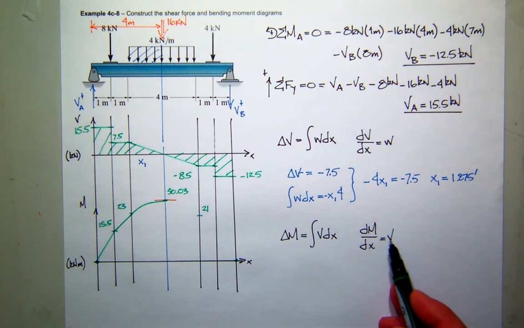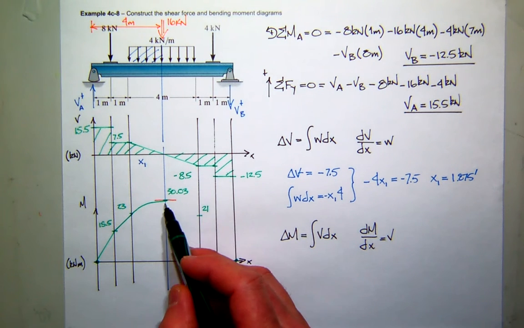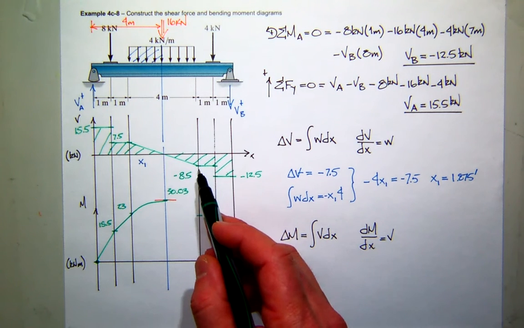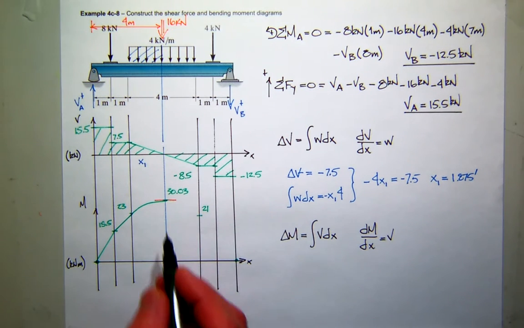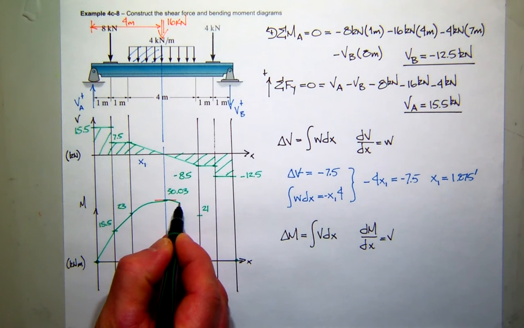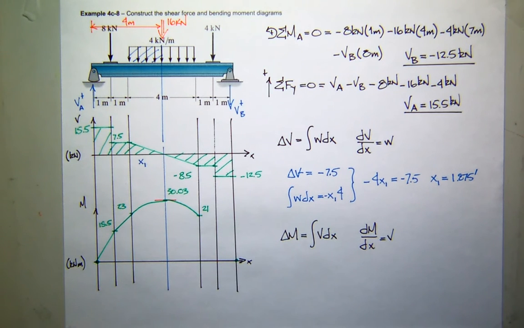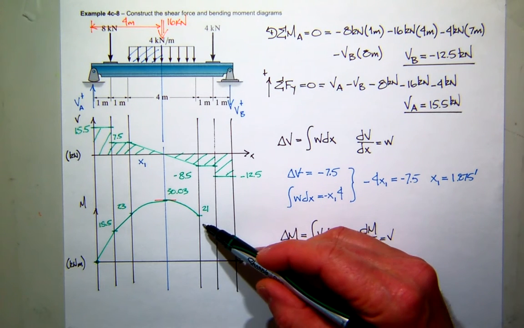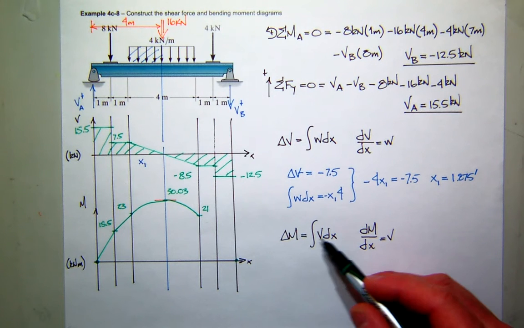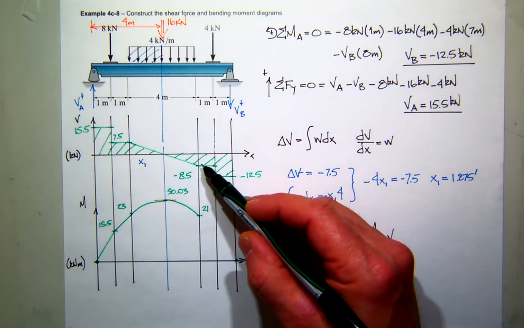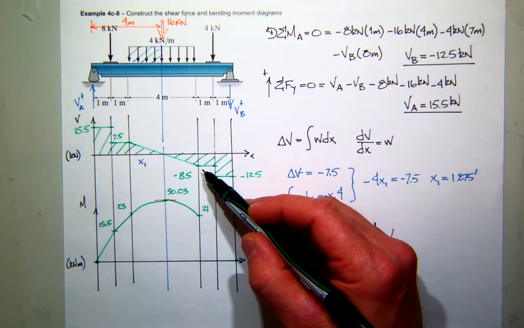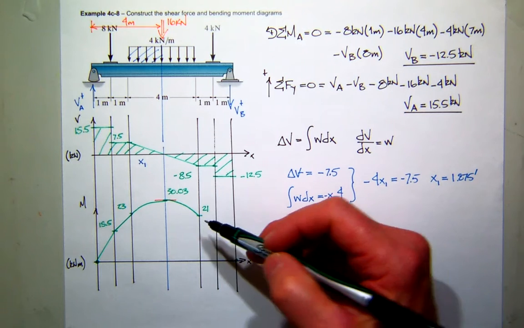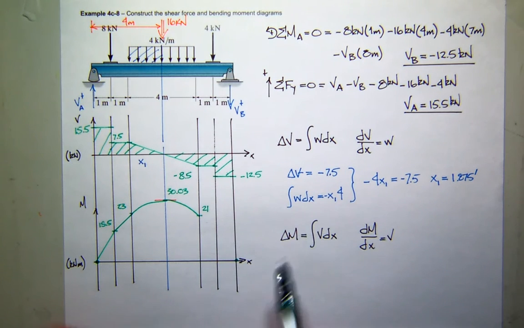And the shape of this curve will be going from 0 to a negative value. So this is where my graph might get off a little bit. The next segment, the change in moment is given by the area of the shear diagram. That's 1 times negative 8.5. So it's 21 minus 8.5.